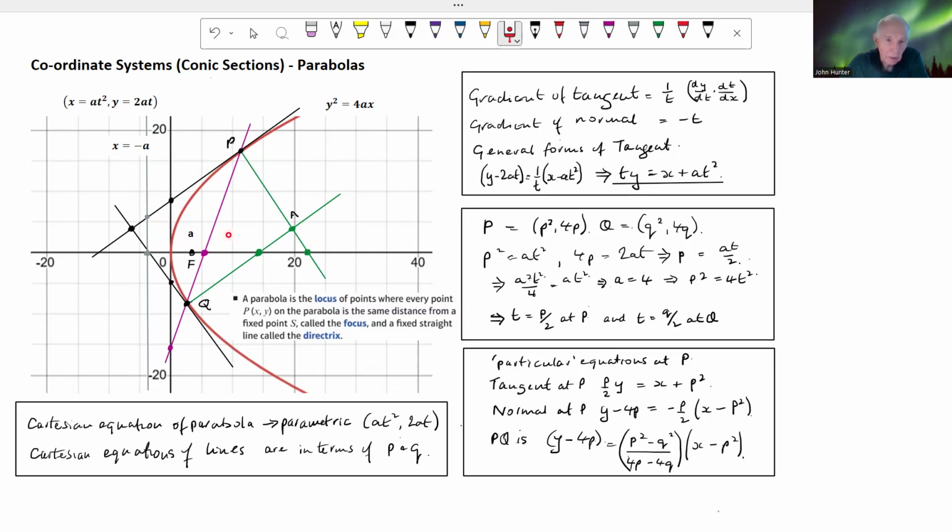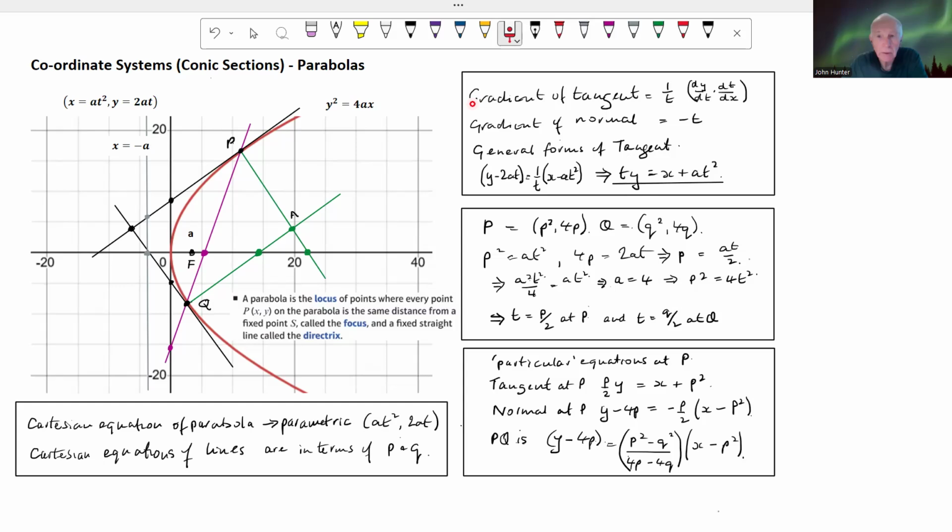So you can see for yourself, you've got a variety of different points. Here we've got the point where the two tangents meet. So these problems tend to be all about the straight lines associated with the curve, where they meet, and what that gives rise to.